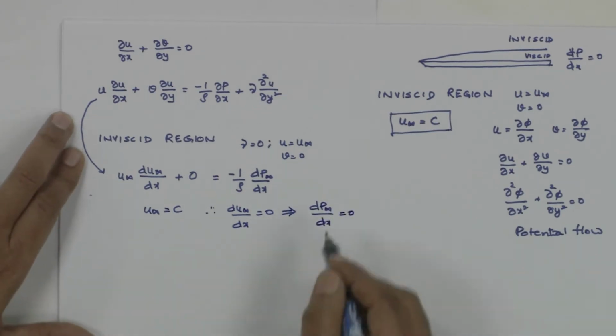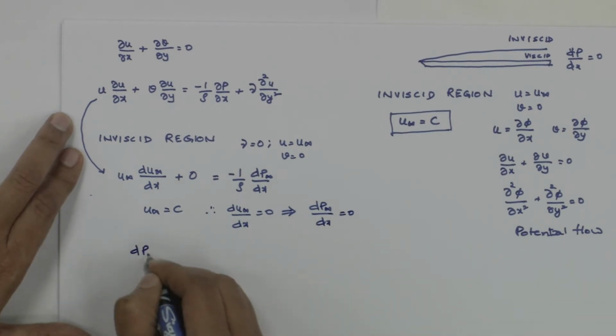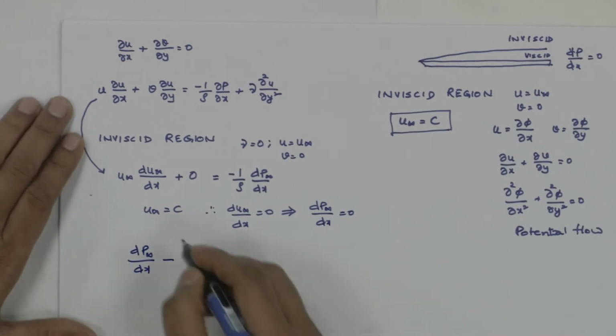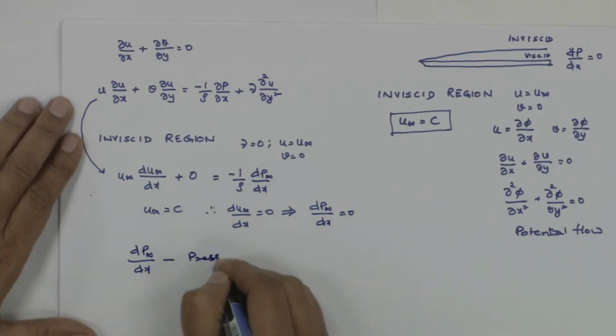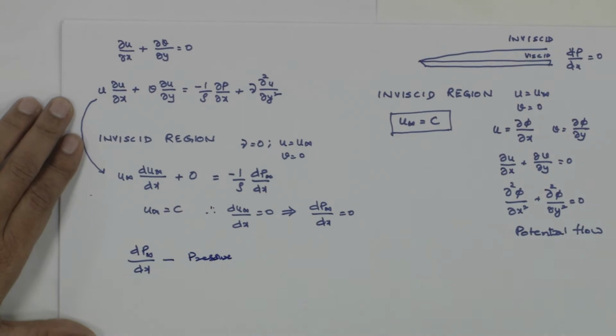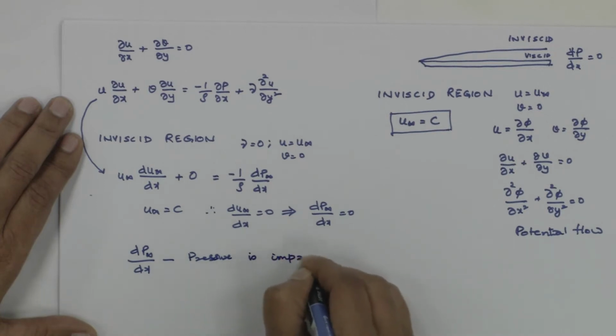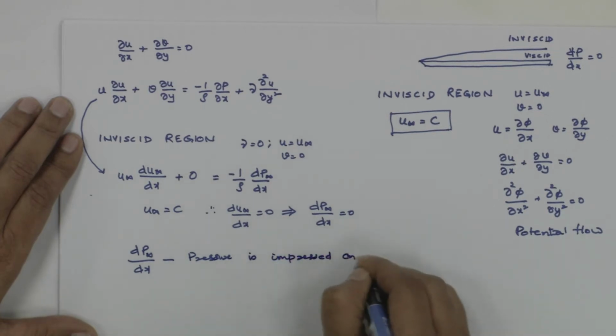Now dP infinity by dx, how do I visualize that? dP infinity by dx is nothing but the pressure impressed on the boundary layer.